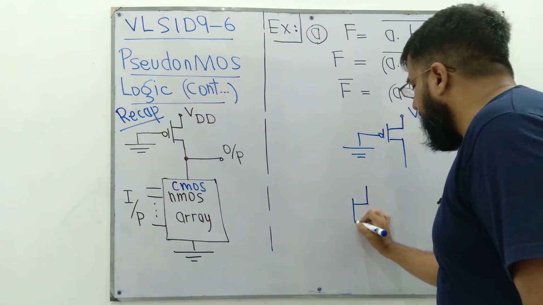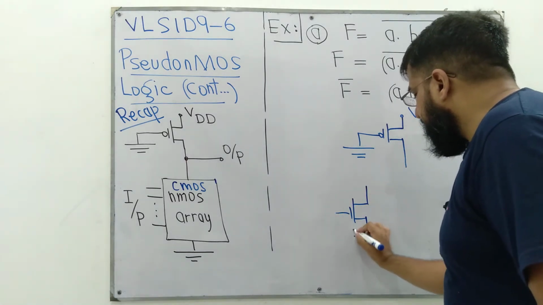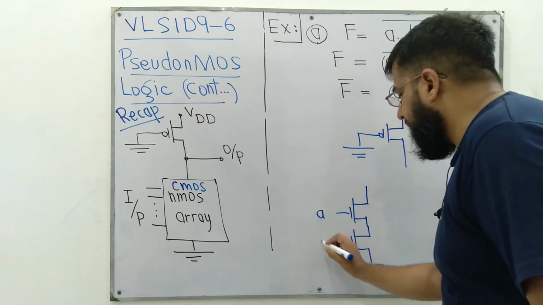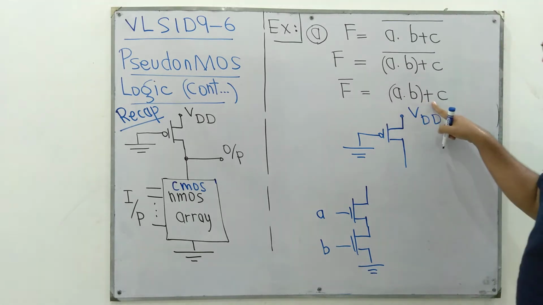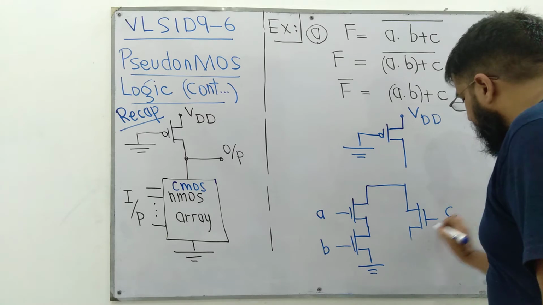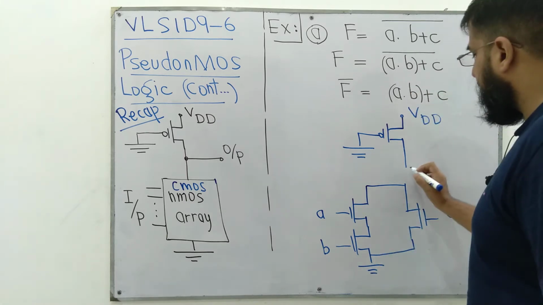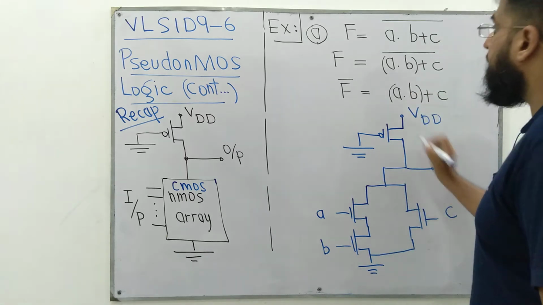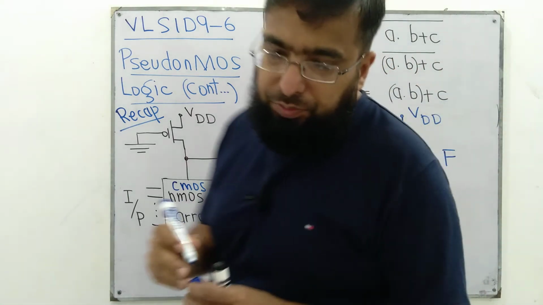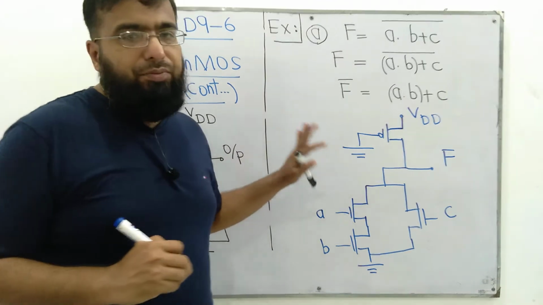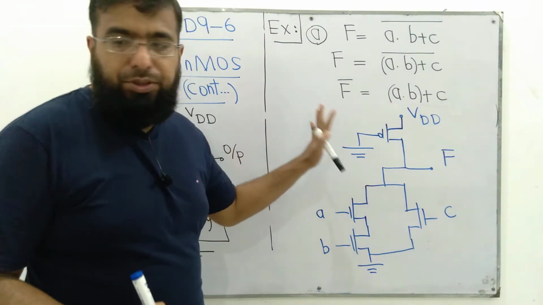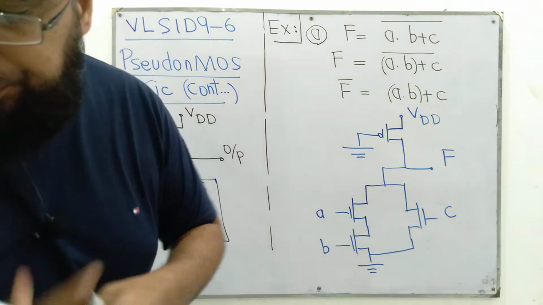Therefore we'll implement A dot B, because it has a higher priority, and then this OR C. This is the output F. So this is how we'll implement this circuit, whereas the PMOS array will always be the same, composed of a single PMOS transistor that is always on.